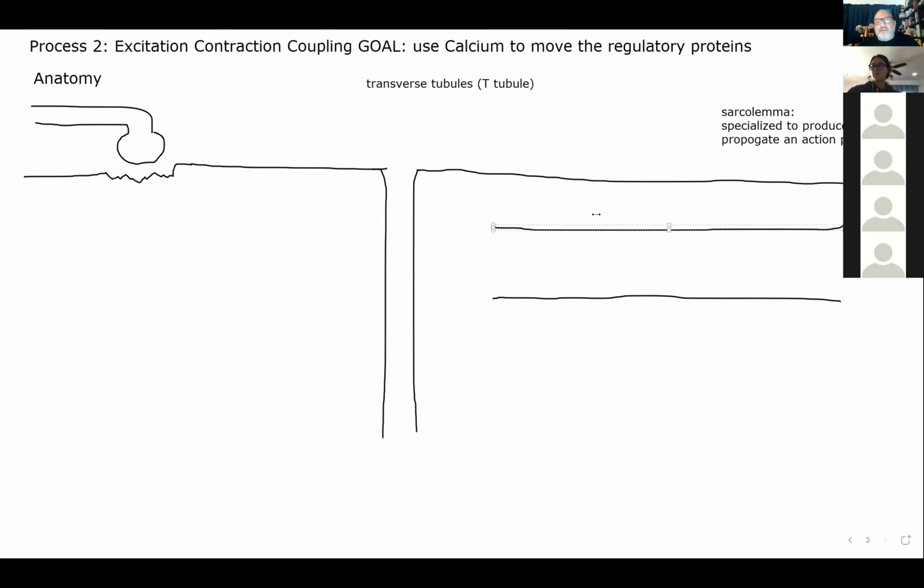Our sarcoplasmic reticulum. And in particular, there is an enlargement of the sarcoplasmic reticulum where it gets close to the transverse tubule. And what do we call that enlargement? Terminal cisternae.